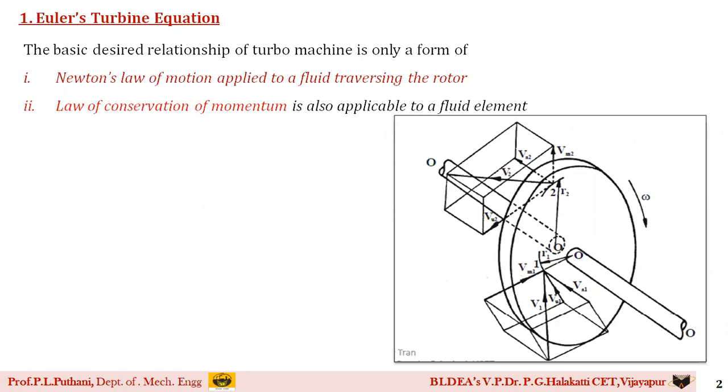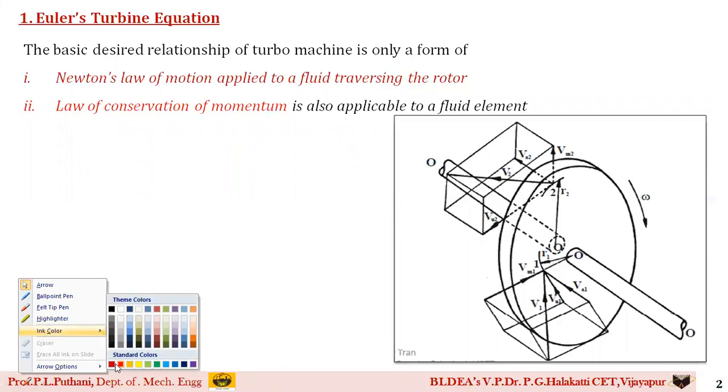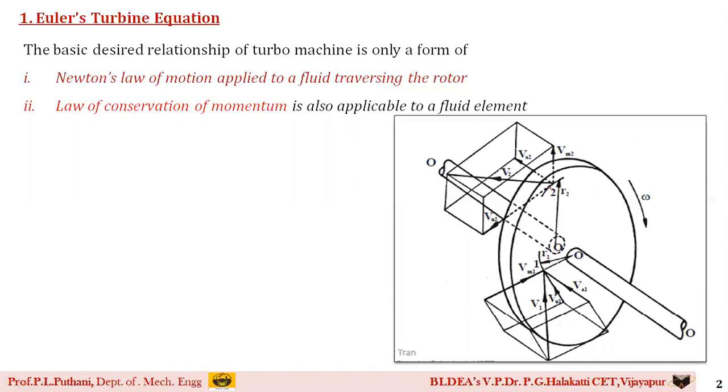If you observe the picture, there is a disc, a rotor. This rotor is mounted on a shaft. If you observe carefully in this picture, this is the rotor, and it is mounted on a shaft. This is the shaft.